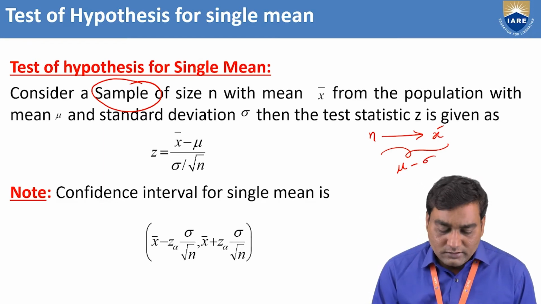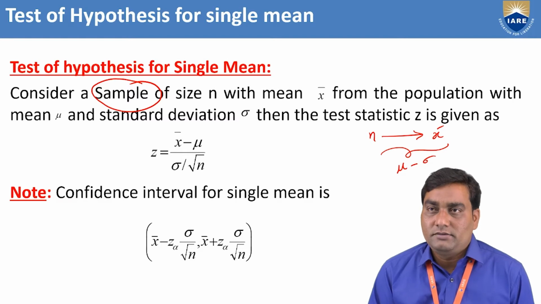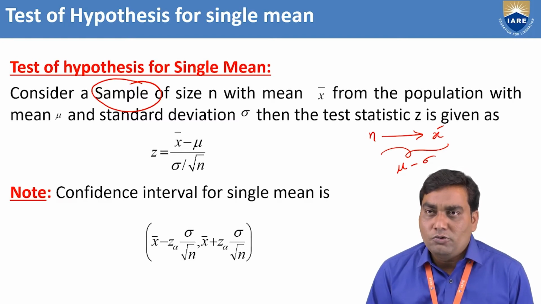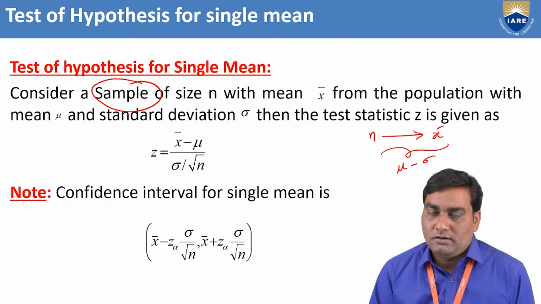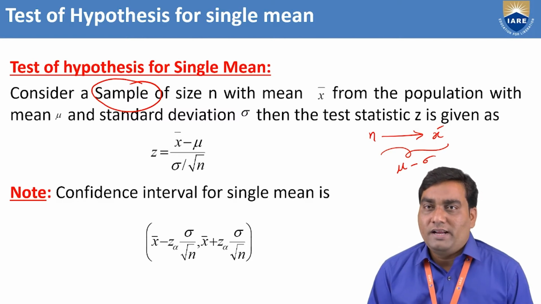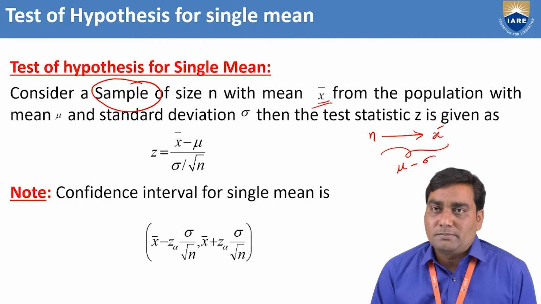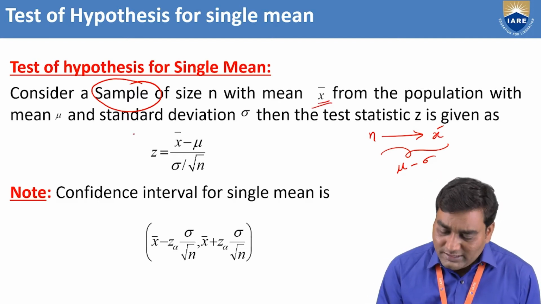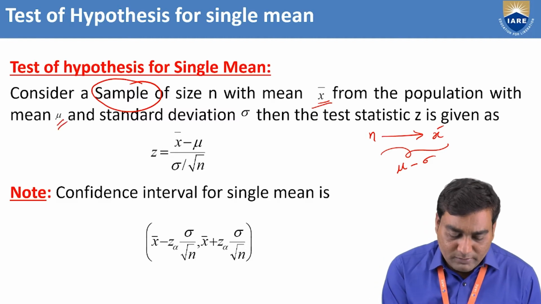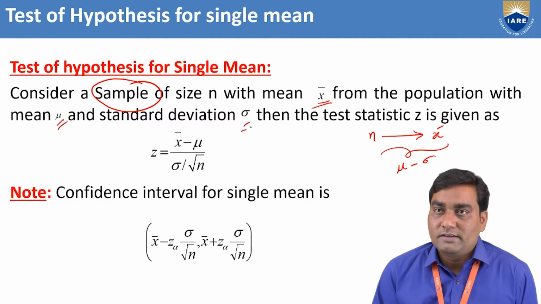If you observe, in this description we have only one sample. It has mean x bar, and this sample came from the population with mean mu and standard deviation sigma.